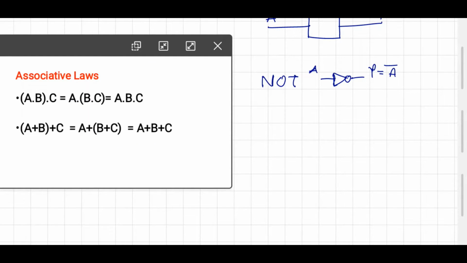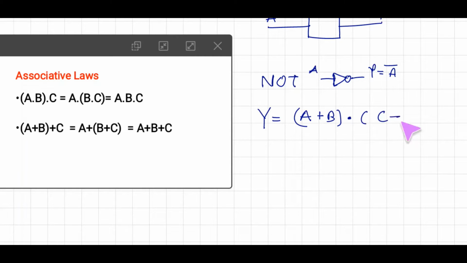Now we talk about the associative law. When we are constructing a circuit, let us first consider what exactly a digital circuit means, and then we'll talk about the law. Suppose you have one circuit whose output Y is equal to (A or B) dot (C or D), as a Boolean expression.